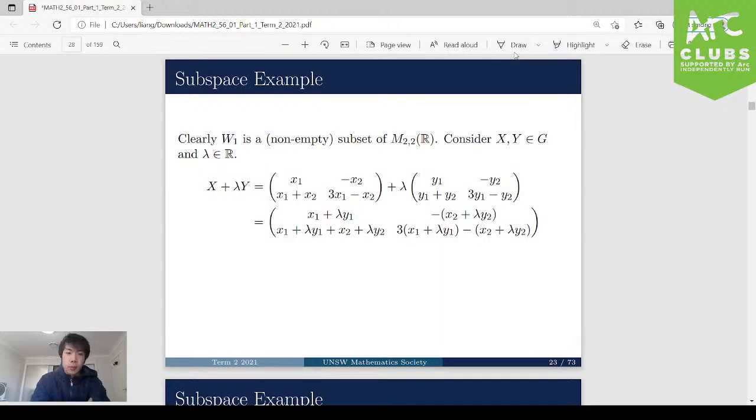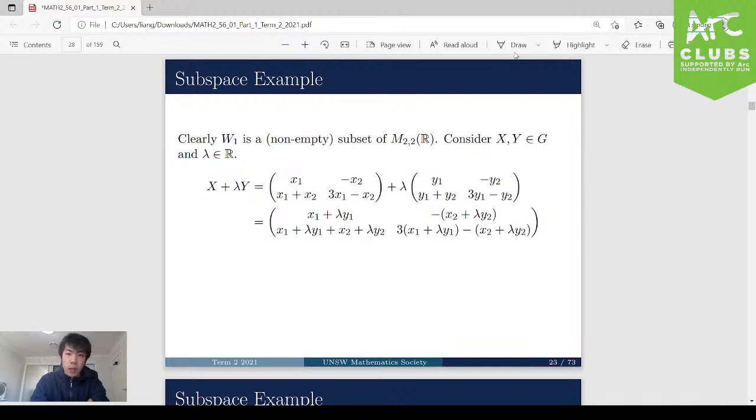And the next part is to prove that this linear combination of any two elements x and y from G and any lambda from the scalars is closed. So you have x would be the matrix x1, negative x2, x1 plus x2, 3x1 minus x2. And then lambda y would be plus lambda times the matrix where you just replace every x here with y.